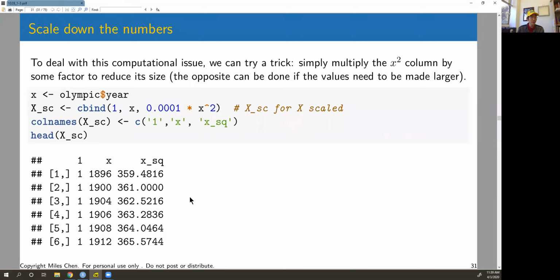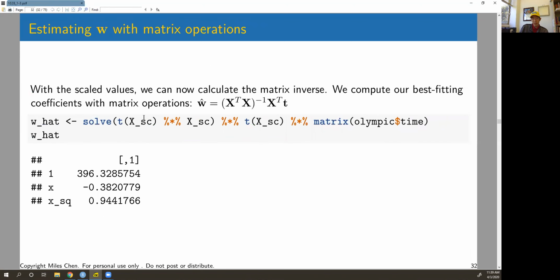You could pick a different value. It doesn't have to be this term. I'm just trying to get it away from being numbers as big as 3 or 4 million, okay? And now, when I ask R to find W hat using this operation, X transpose X inverse, X transpose T, okay? It works, okay?